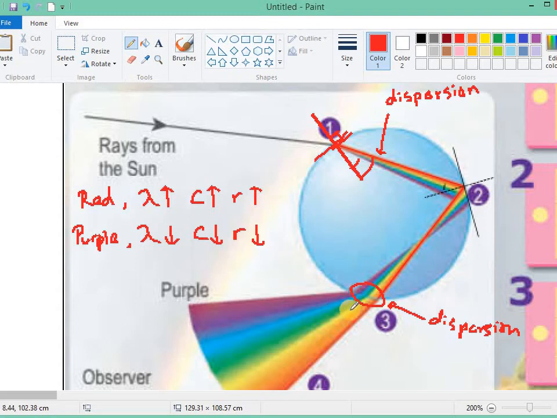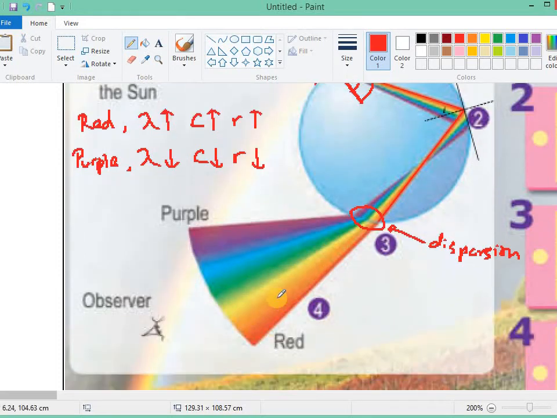So you can see that again the light will spread out more. Okay, it will spread out more. So purple will bend more away from normal than the red light. So when the light spread out like this, the eye of the observer can see the rainbow, a half circle rainbow.